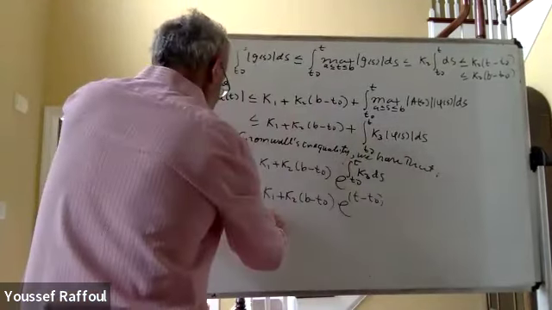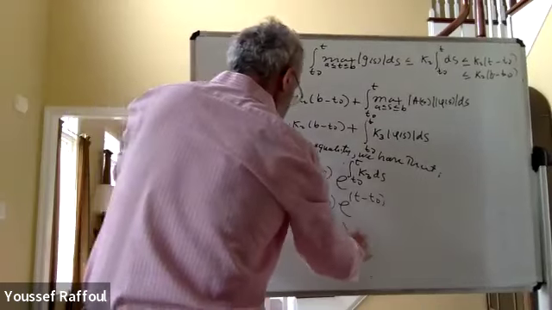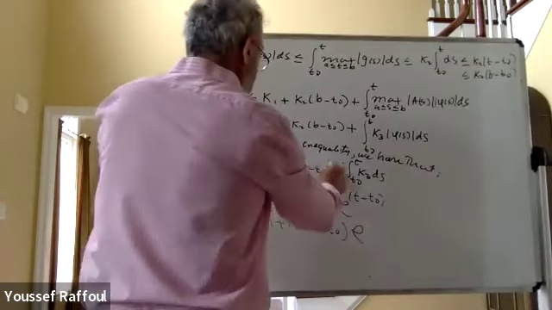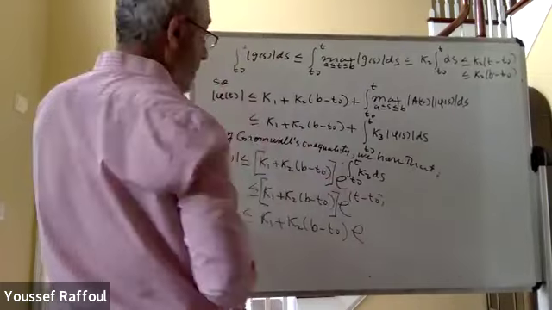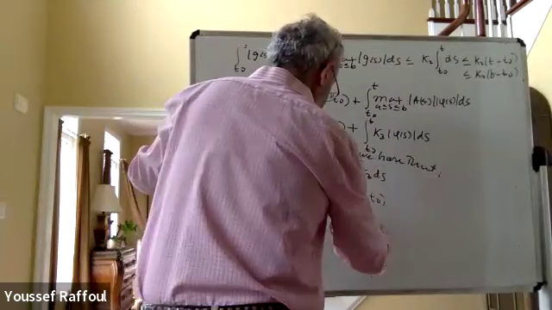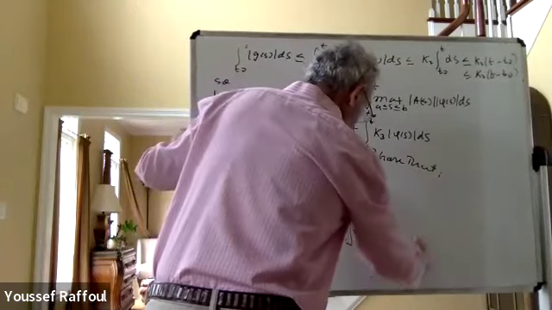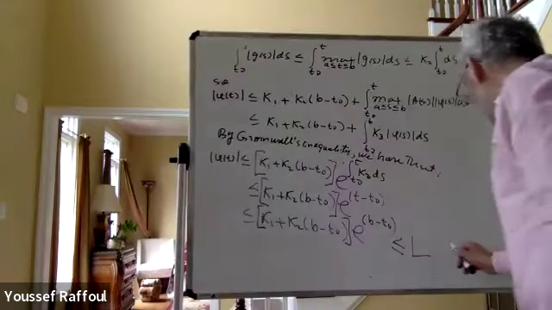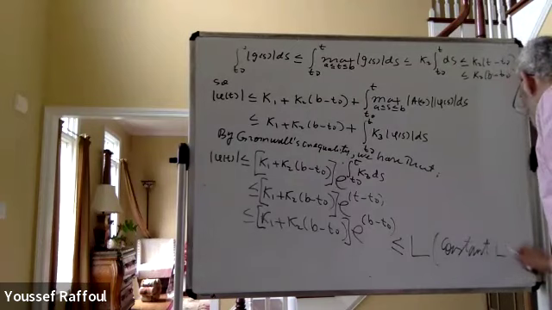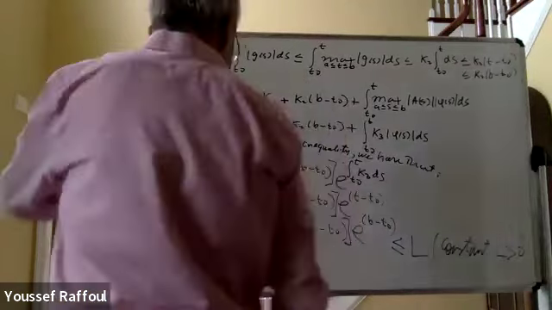And that is less or equal to K1 plus K2 (b minus t naught) times e to the K3 (t minus t naught), and that is less or equal to K1 plus K2 (b minus t naught) times e to the K3 (b minus t naught). This is the whole thing. So this is less or equal to some constant L. So the solutions are bounded.